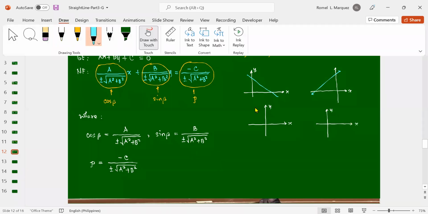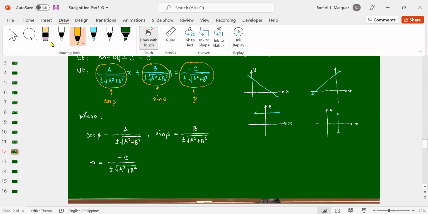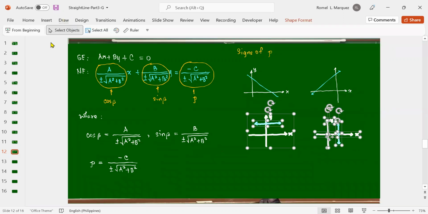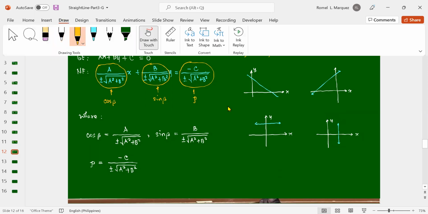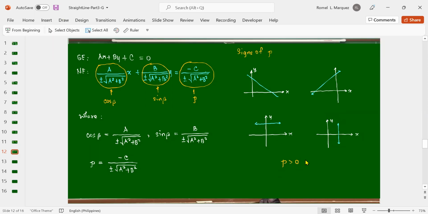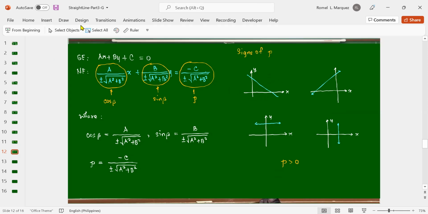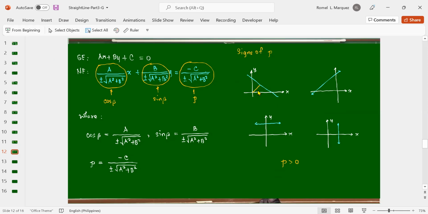If the situations are any of these, P is supposed to be positive. Okay? Get it, guys? In all of these cases, P here is positive. And for beta, take note that beta is the angle of inclination of the P. So this is the beta.